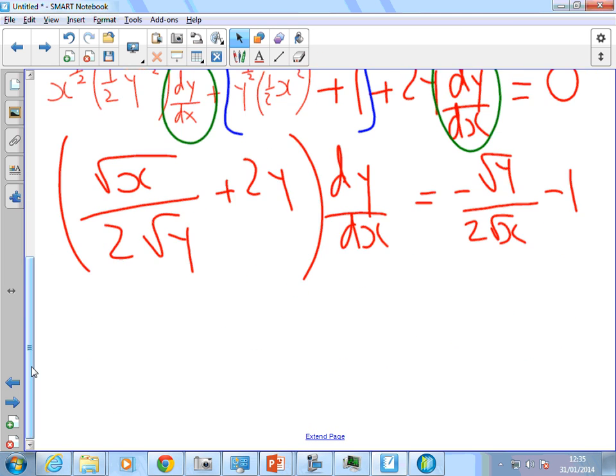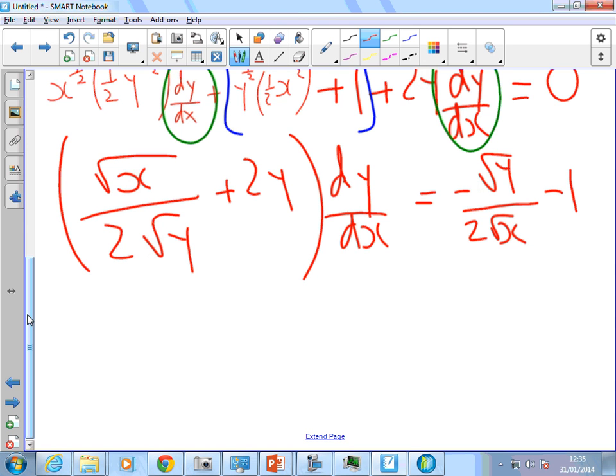Now here it is just a case of simple algebraic manipulation, so we can do that. The right hand side, if I want, I can combine the fraction. Similarly, I can do that on the left hand side. Okay, so I'll do that slowly.